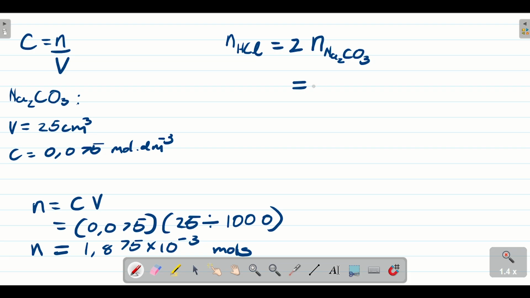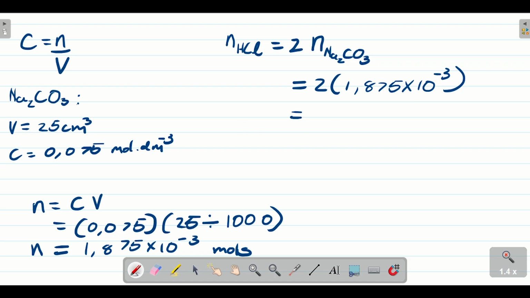Therefore, it will be 2 times 1.875 times 10 to the -3 moles.